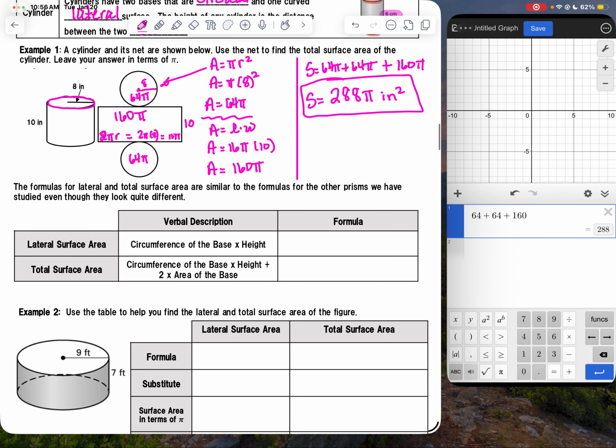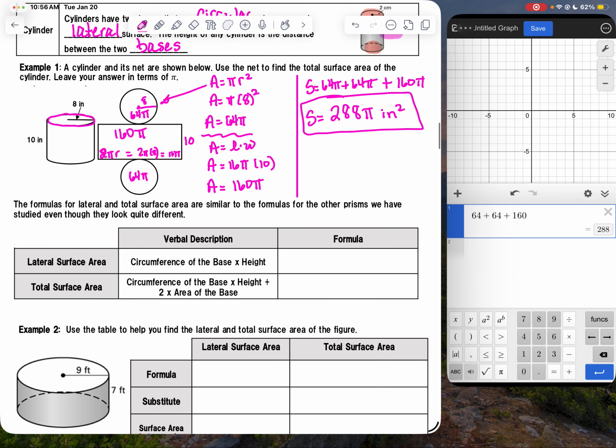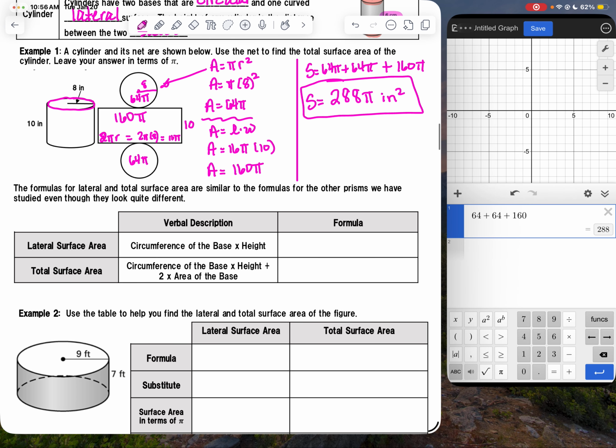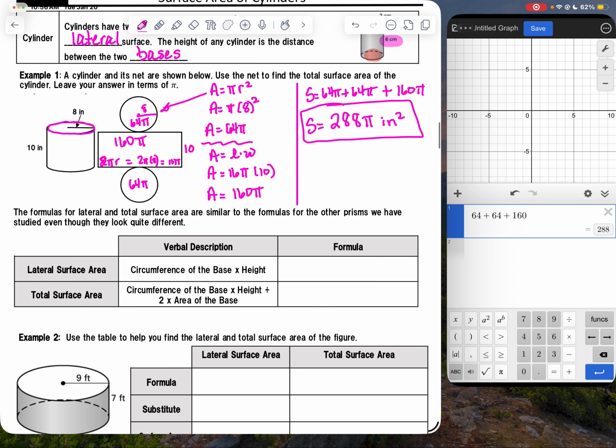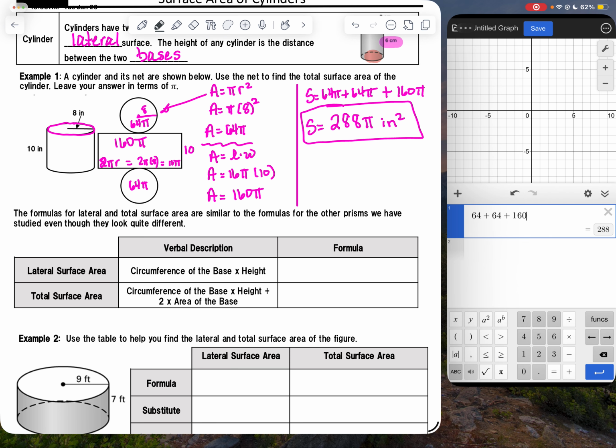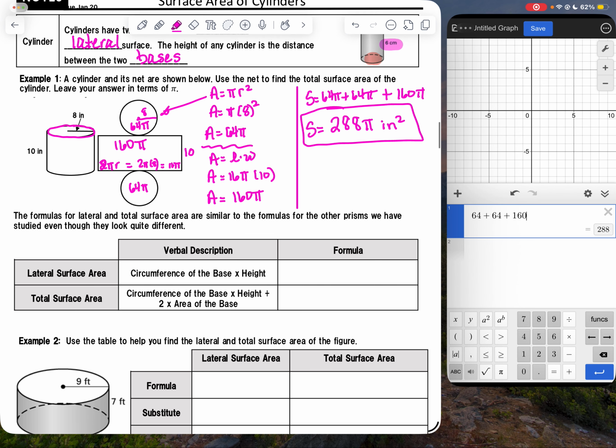Now, the formulas for lateral and total surface area are very similar to the formulas for other prisms we've studied, even though they're going to look a little bit different. So to find the lateral surface area, now let me remind you what lateral surface area is. Lateral surface area is the surface area of the figure excluding the bases. So it would just be this part right here.